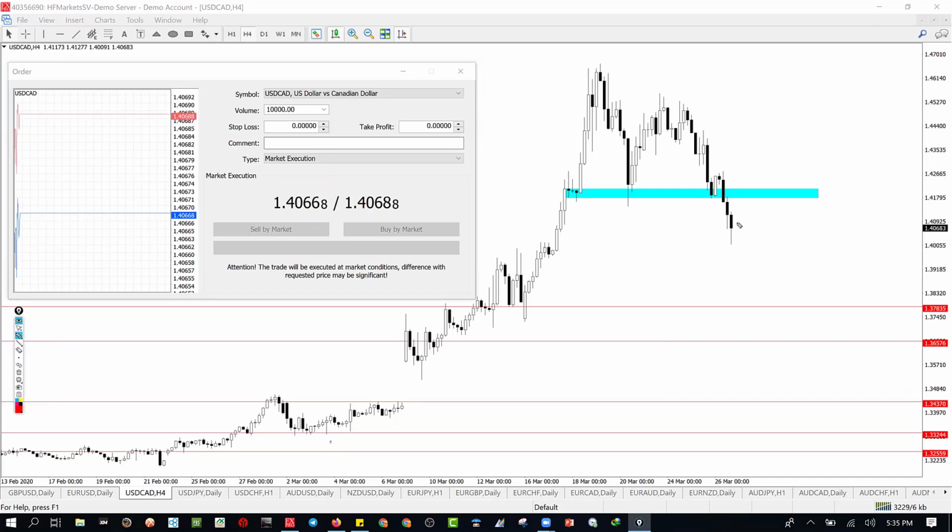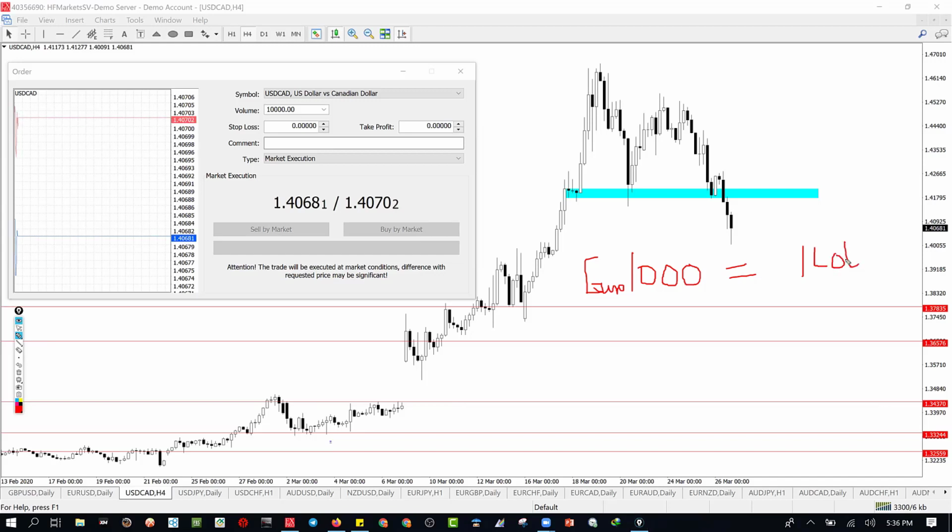Let's say you have $1,000 in your account. Or it's 1,000 euro. This 1,000 denomination in the Forex market under a standard account is called one lot.